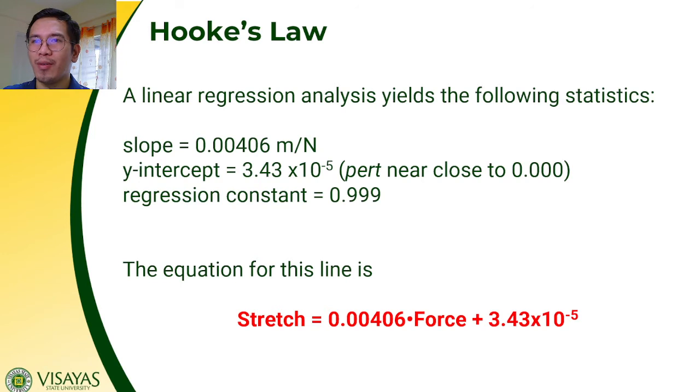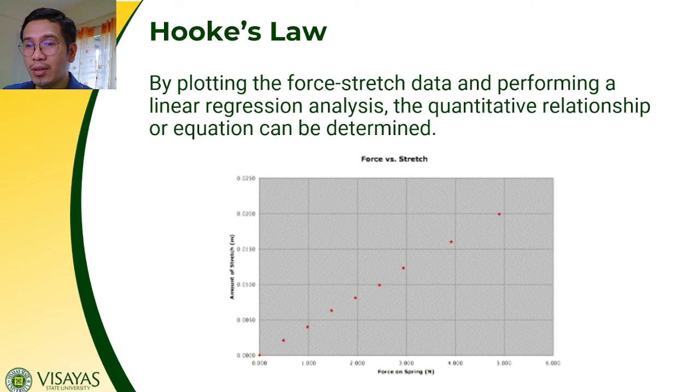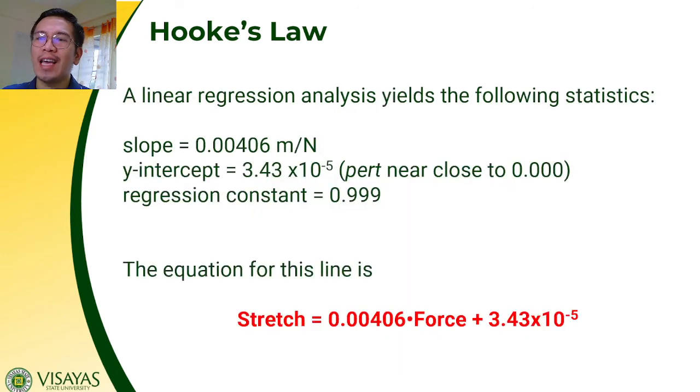The y-intercept is 3.43 times 10 to the negative 5, or it is very close to 0. As you can see from the graph, it is almost passing through the y-axis at point 0, or at the origin of the graph. The regression constant is 0.999, which is almost equal to 1.